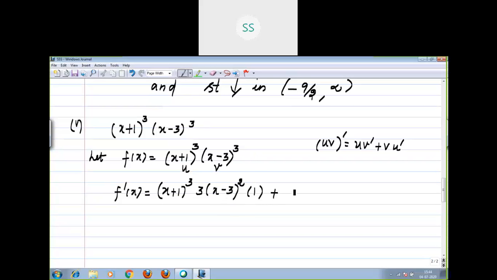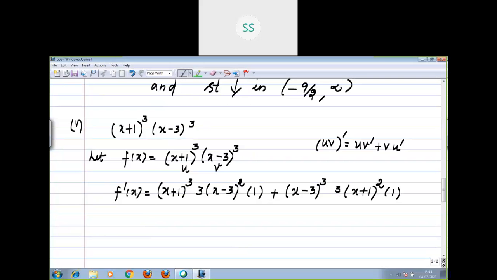Plus, next you keep v as such, that is x minus 3 the whole cube, and differentiate u, that is the same. First apply the derivative of x power n: 3 into x plus 1 the whole square. Here also the coefficient of x is 1, and when you differentiate you get 1. That's it, right? u v dash plus v u dash.